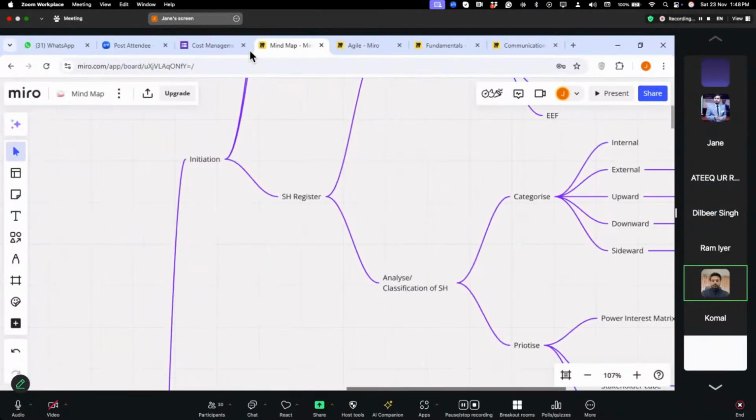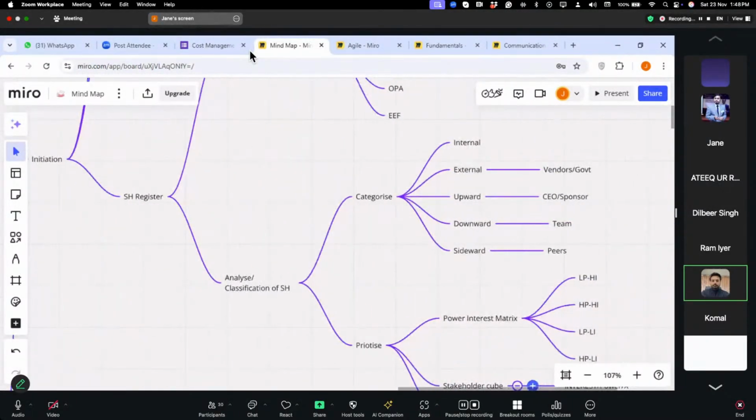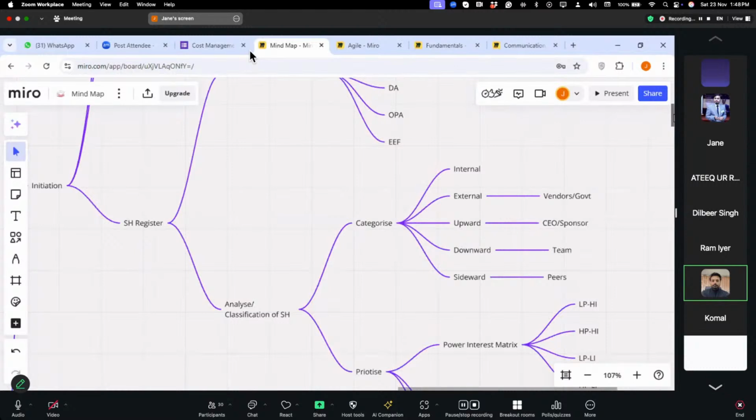In the stakeholder register, we need to classify stakeholders in terms of categorization and prioritization. In categorization, we have upward, downward, sideward, and directional stakeholders, and then we need to prioritize them.